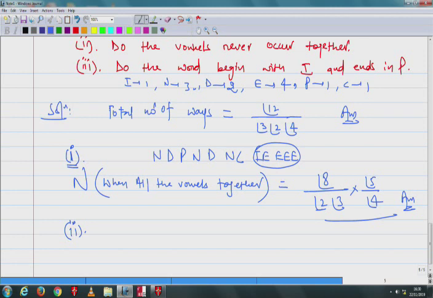See, this is important now, because you have to understand the question: do the bubbles never occur together? So is it about all the bubbles or any of the 2 bubbles? Because we know how to solve if it is regarding 2 bubbles, or if it is regarding all the bubbles.